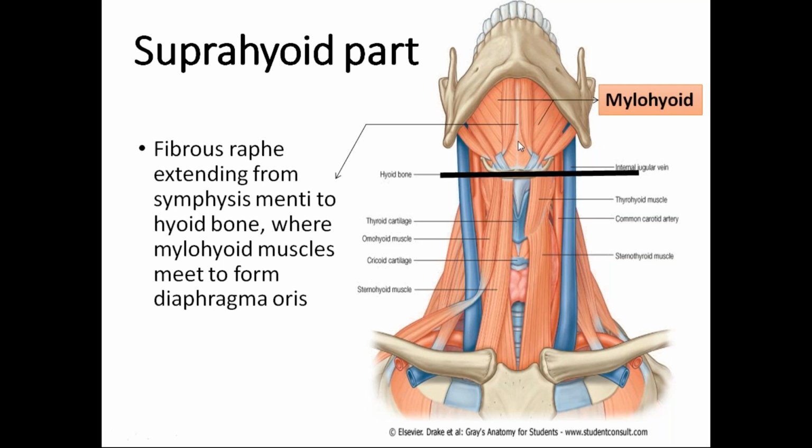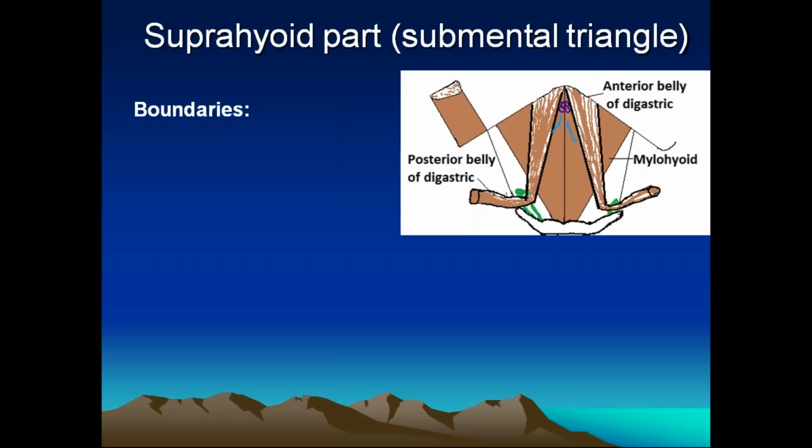Then next we'll go on to the infrahyoid part. But before going into the infrahyoid part, the suprahyoid part forms a triangle, which is a part of the anterior triangle, that is the submental triangle. Actually, the submental triangle is present below the mental region.